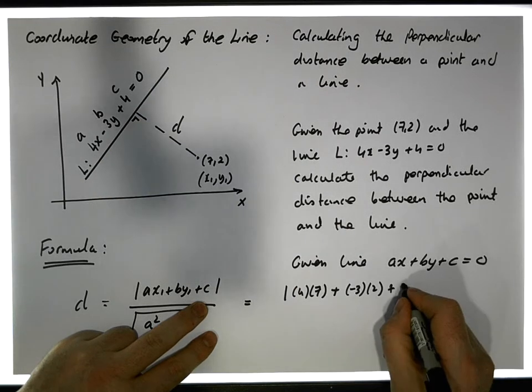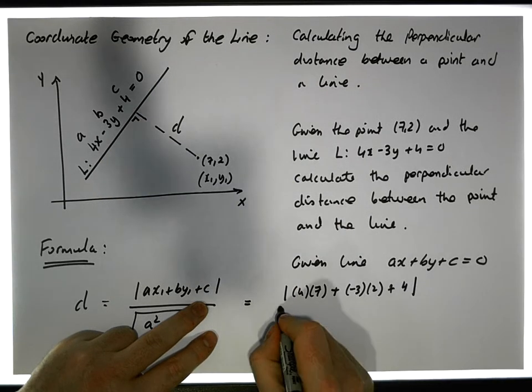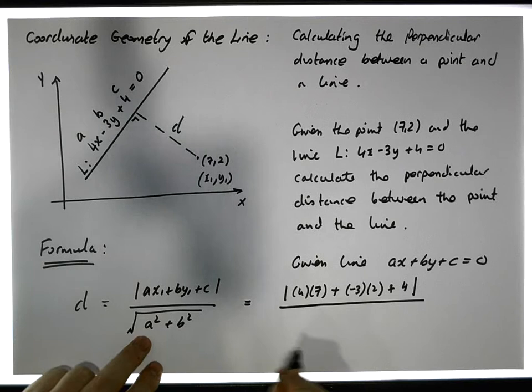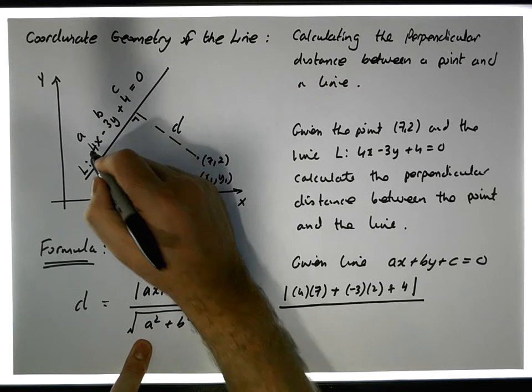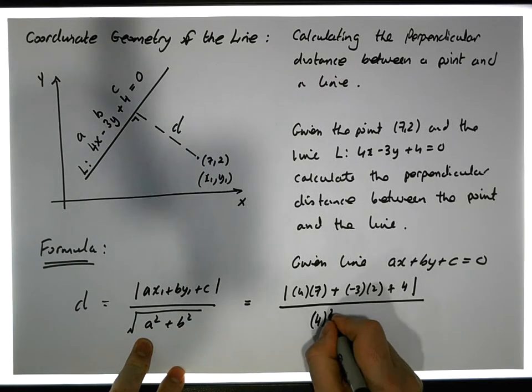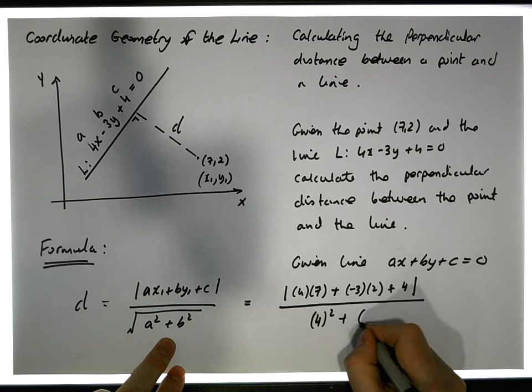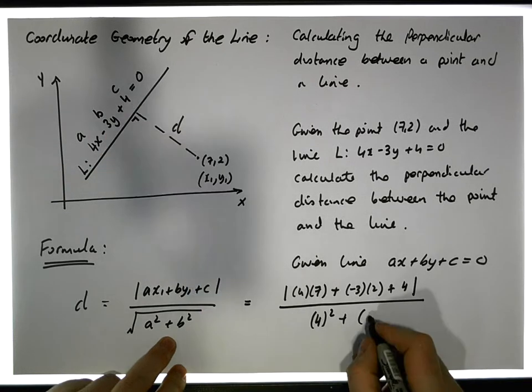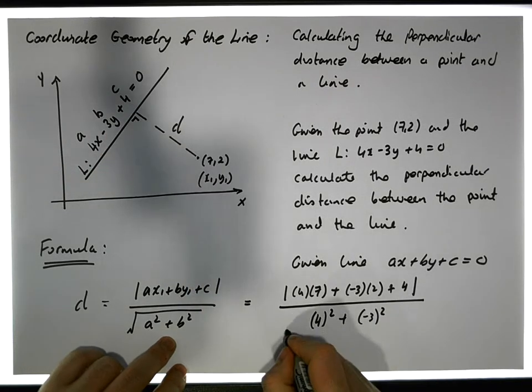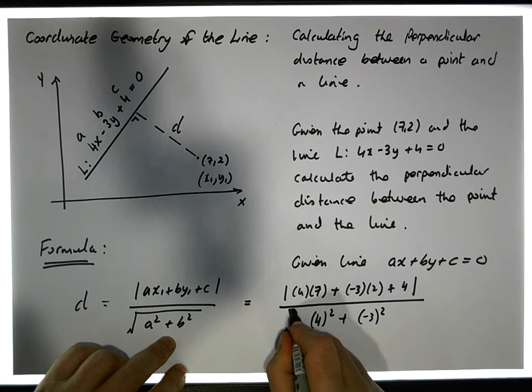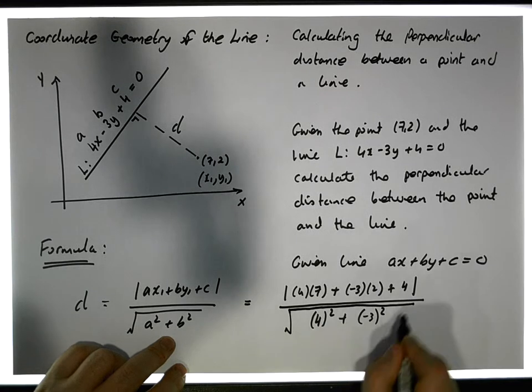That is the absolute value of that, divided by the square root of a squared, which is 4 squared, plus b squared, which is minus 3 squared.